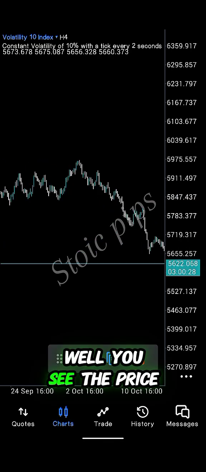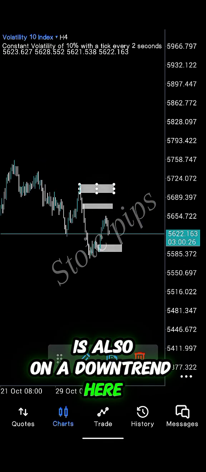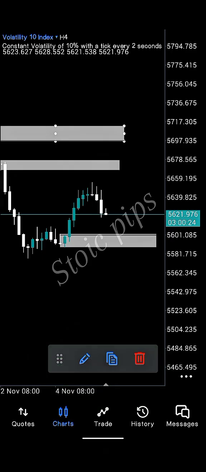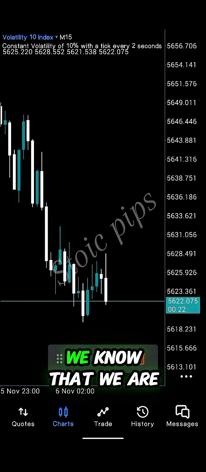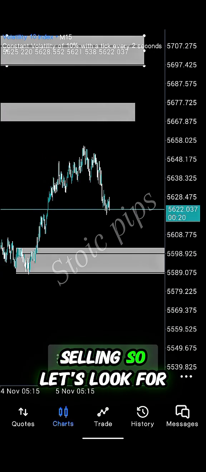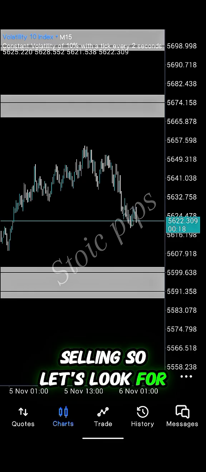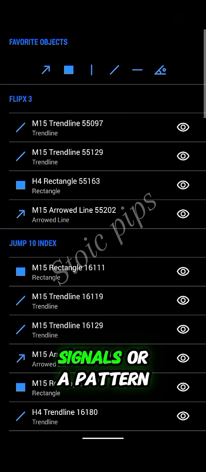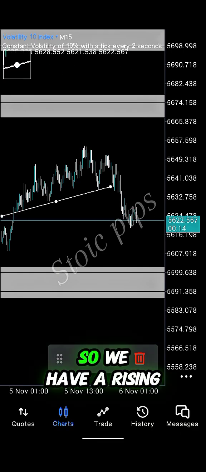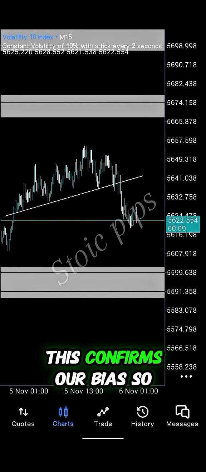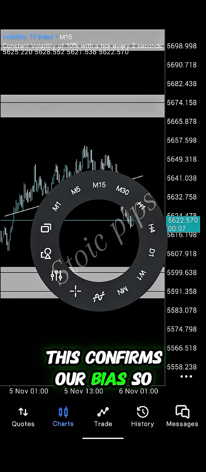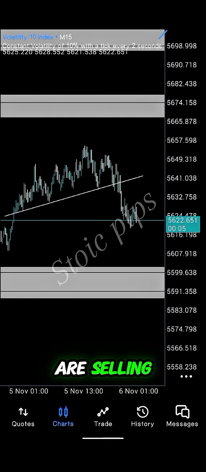Well, you see the price is also on a downtrend here, so we know we are selling. This is clear. So let's look for signals or a pattern. We have a rising wedge here. This confirms our bias, so we now know that we are selling.